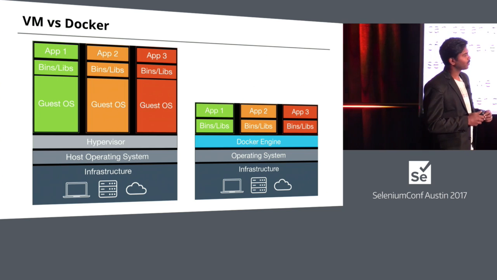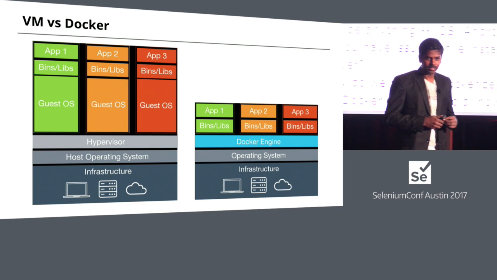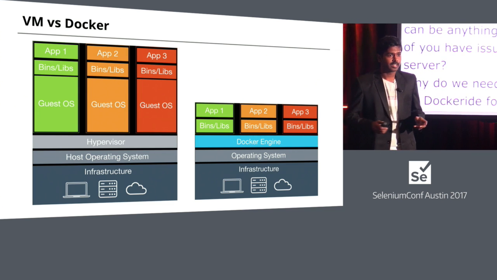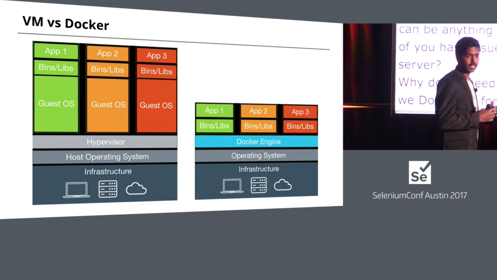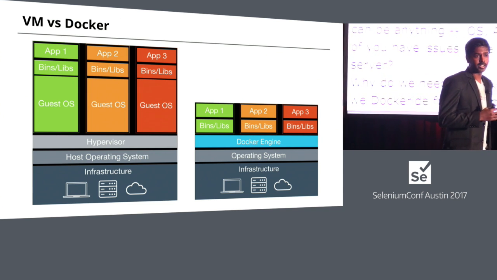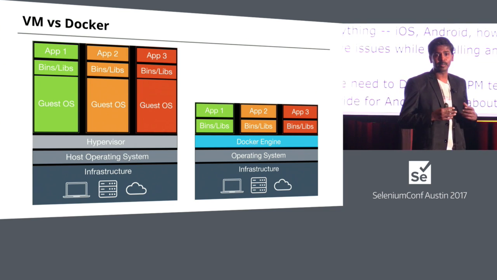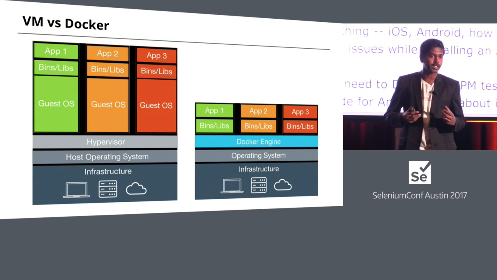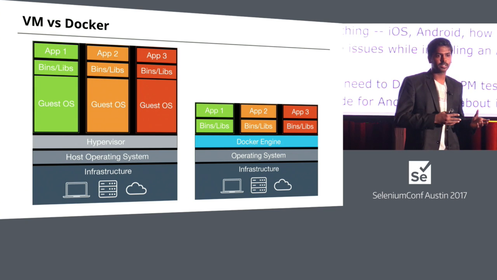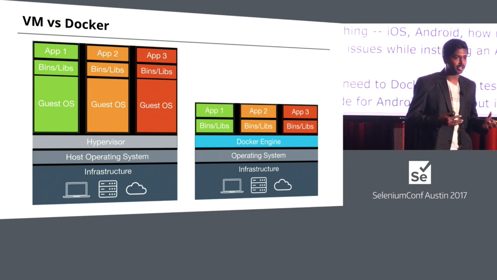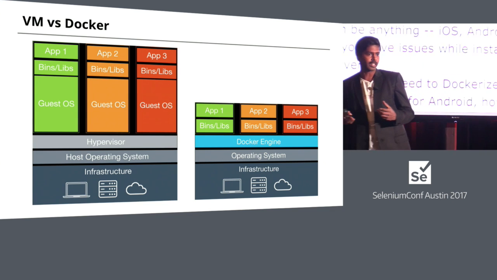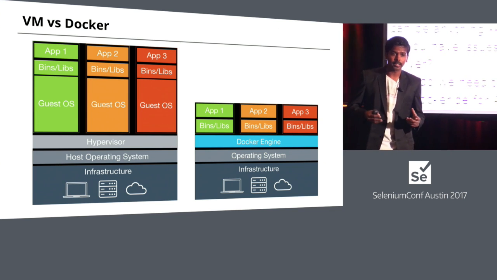So, okay, what is Docker then? We don't have a hypervisor there. It's so lightweight. It shares the same kernel. So different applications running inside share the same kernel, which has a process space, memory space. Since it uses the same kernel and doesn't have a hypervisor, it is so lightweight.